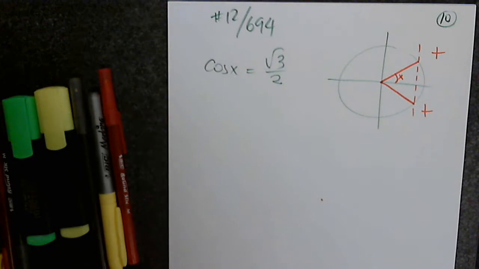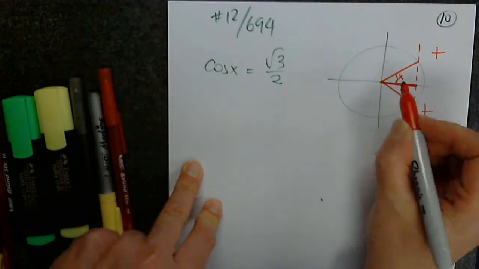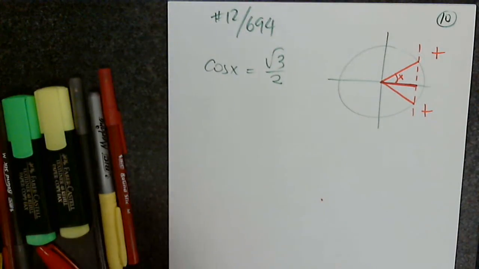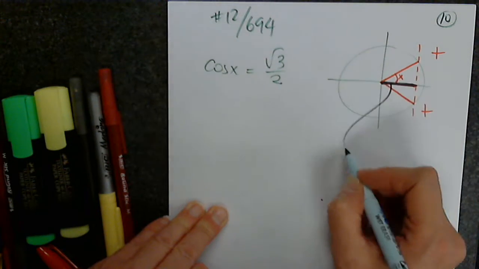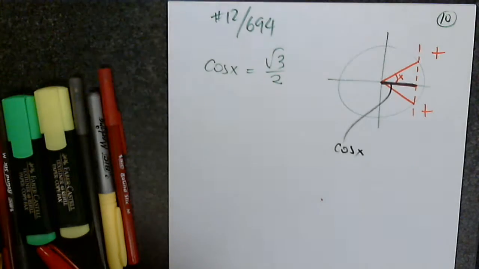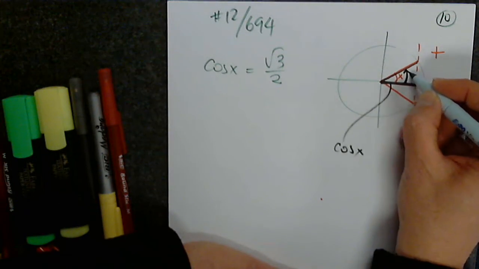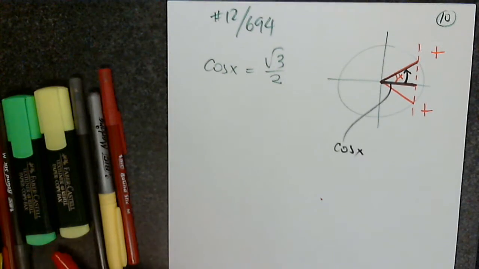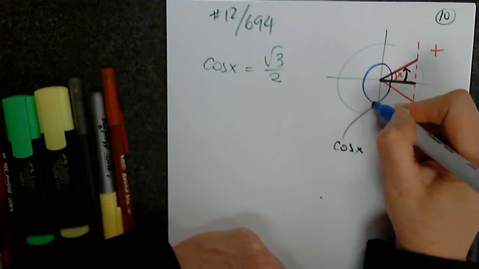It's measured on which axis? Very good. This piece is cosine x. And it's the same for this angle, and the same for this angle.